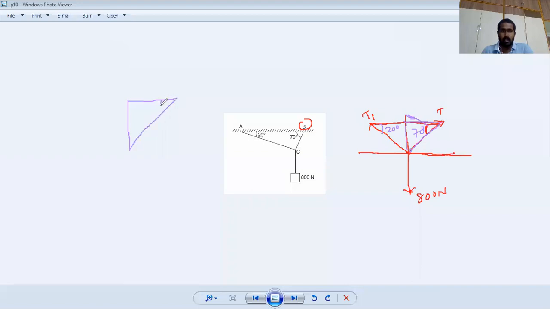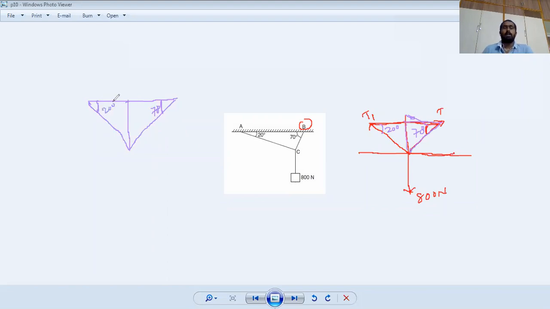What is the angle here? 70 degrees. Similarly, this is one right angle triangle. What is the angle here? 20 degrees.